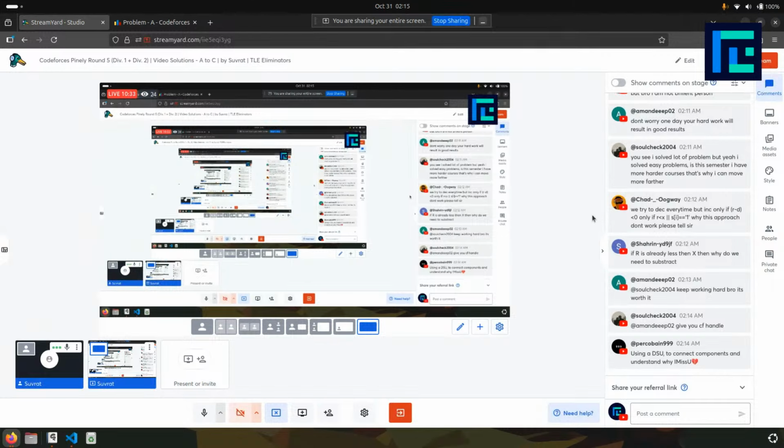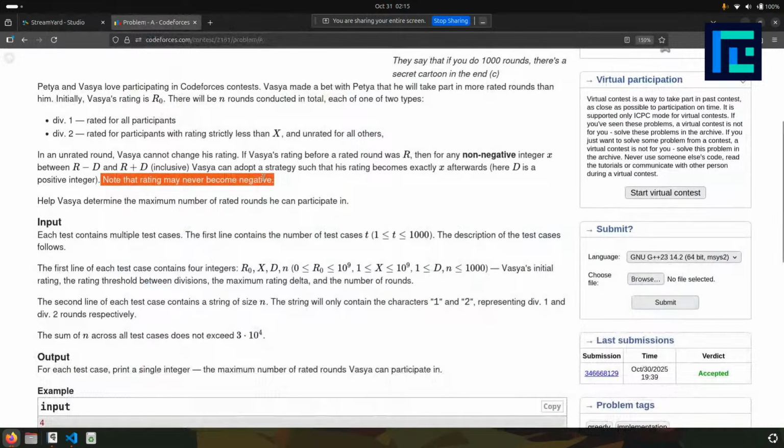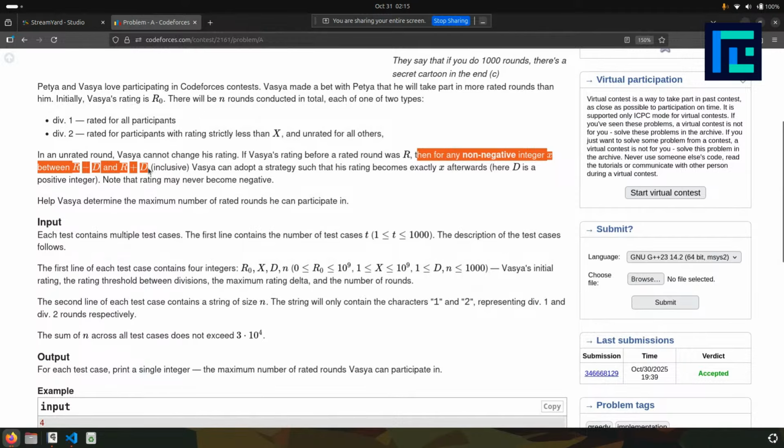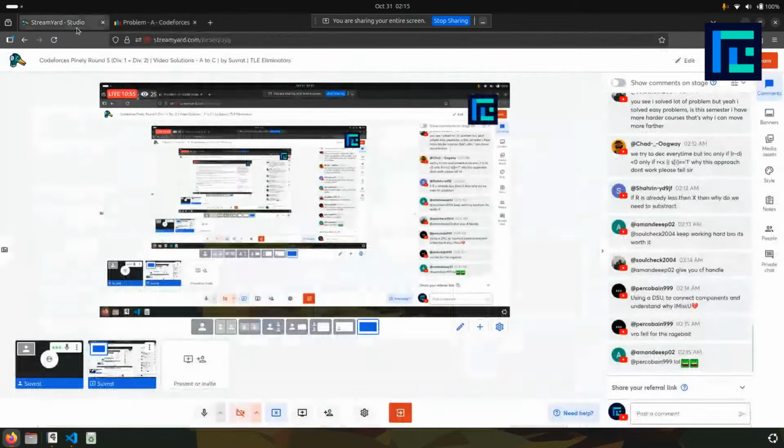Why would your r minus d, you don't need to increase basically if your current rating is 0. In the question it's mentioned that you can choose any non-negative integer x between r minus d and r plus d. So non-negative integer x includes 0. So if r minus d to r plus d includes 0, then you can go to that rating and stay there.